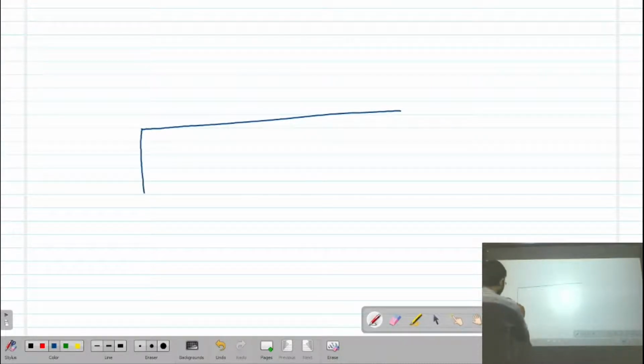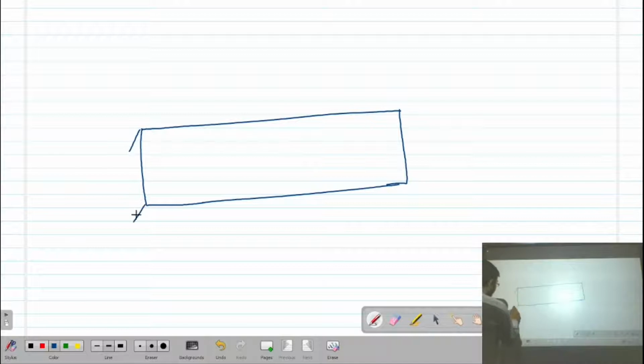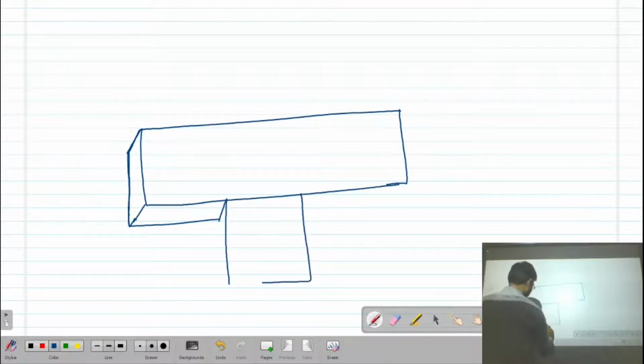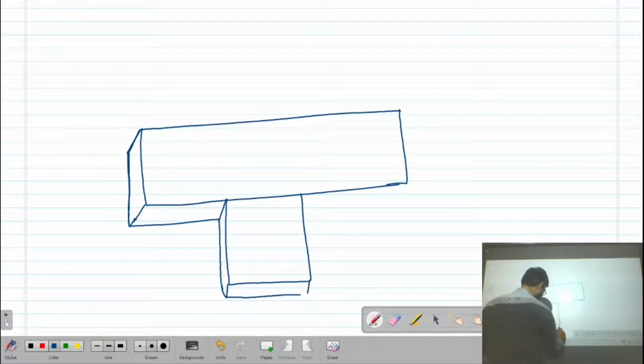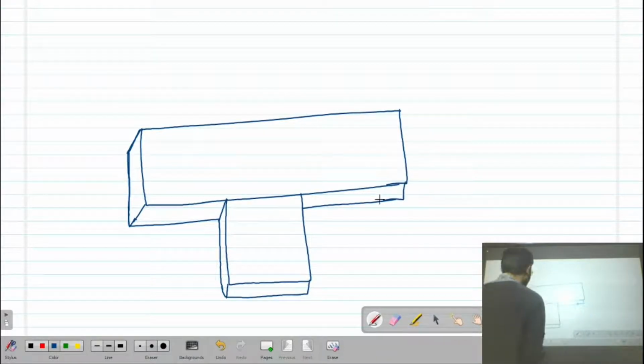The structure is very important, the structure of E and H plane T. This is the structure of H plane T. This is the H arm.